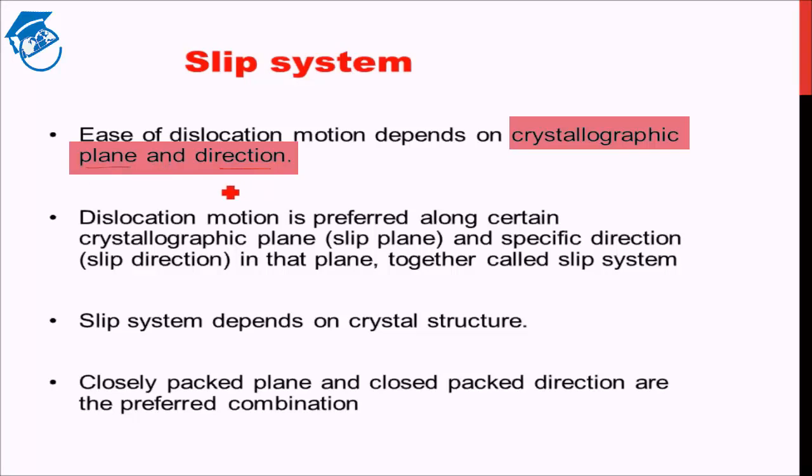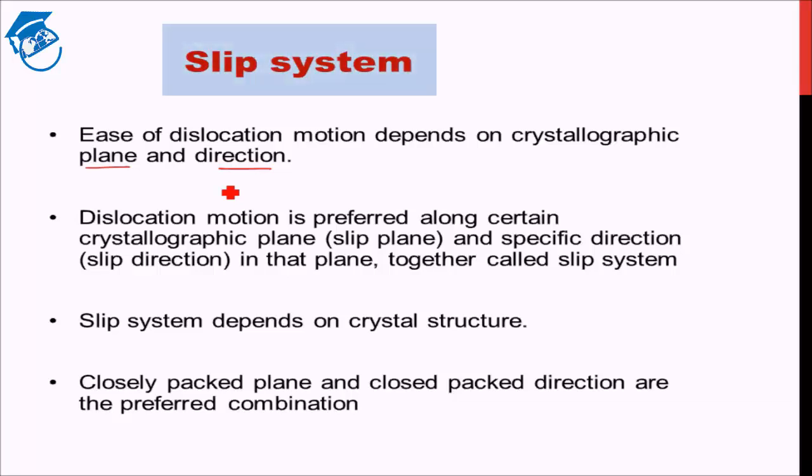So those are the preferable planes. There are certain planes which are preferable for dislocation motion, and even in those planes there are certain directions which are preferable for the dislocation to move. This set of planes and directions are together called the slip system.